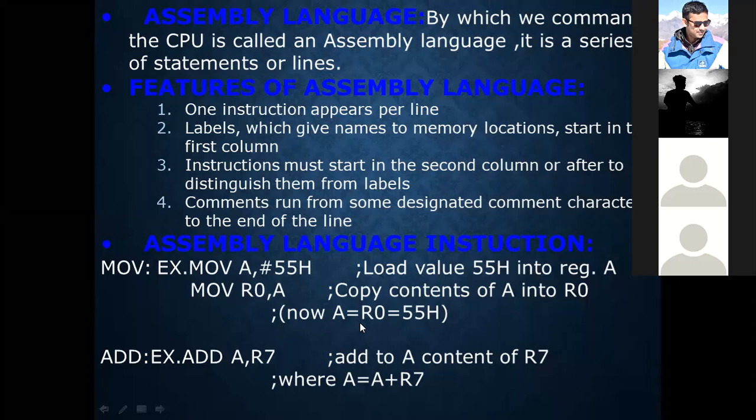Okay, so there are some features of the assembly language also: one instruction can be written in one line, and you can give the names of labels which give names to the memory location, starting in the first column. Whenever we are doing the lab, your lab is coming Monday, so we'll discuss it later on. If you remember, in the past semester we wrote some programming in the 8085 microprocessor, right?